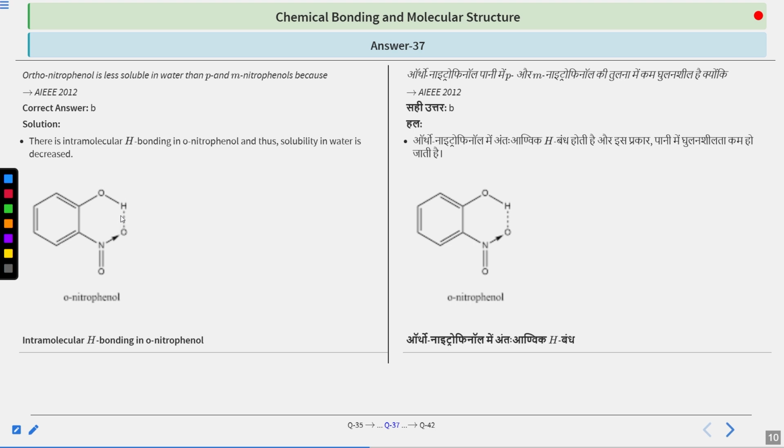Now, why does this decrease the solubility in water?